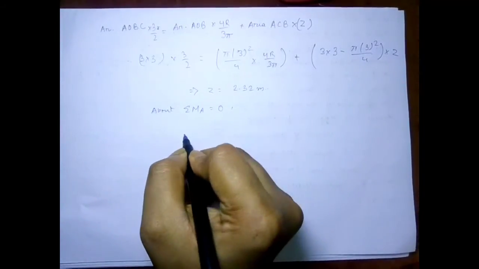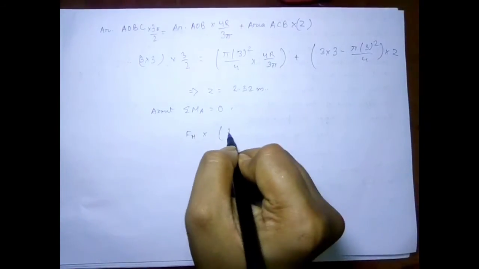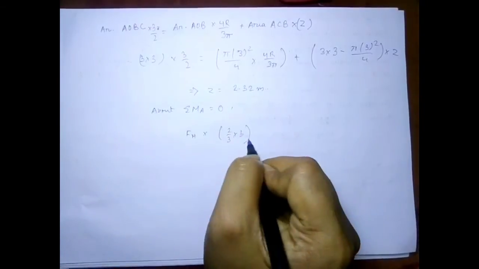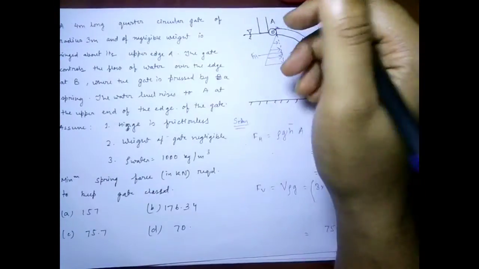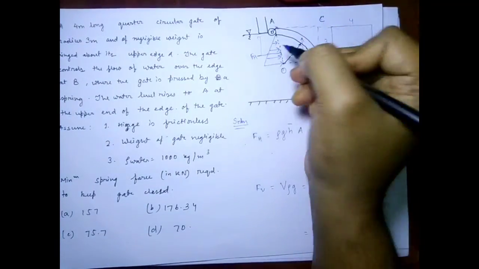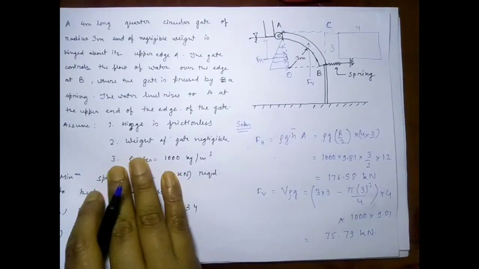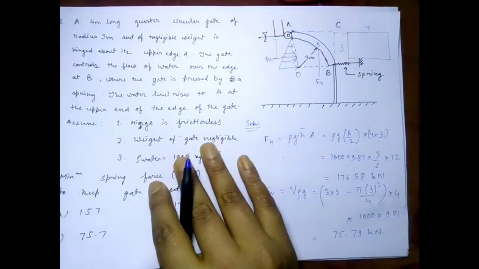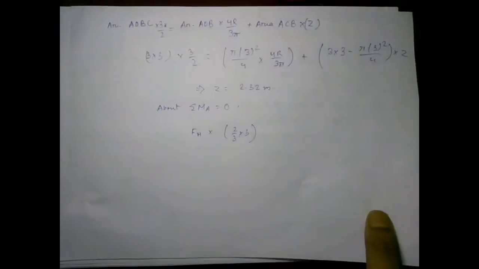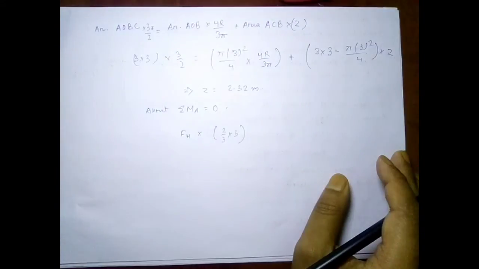So it will be FH times 2 by 3 times 3, because it will be acting at a 2/3 height from this one. This is a simple geometry of a triangle: the centroid lies 2/3 of the height from the top.